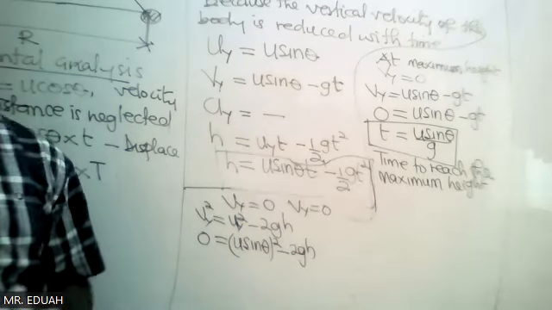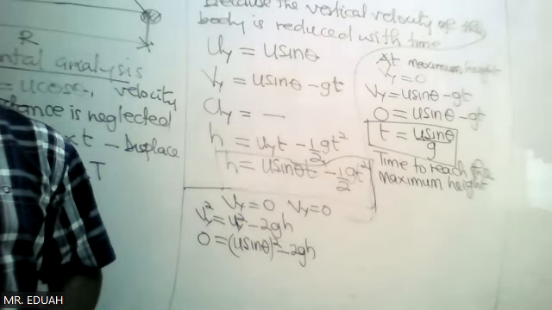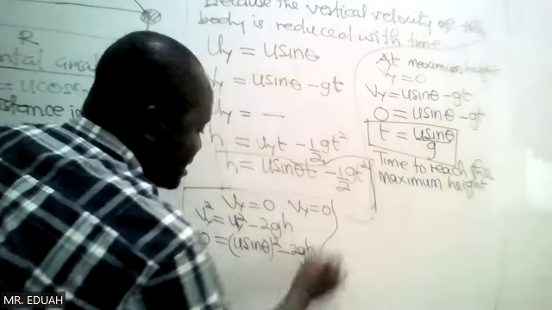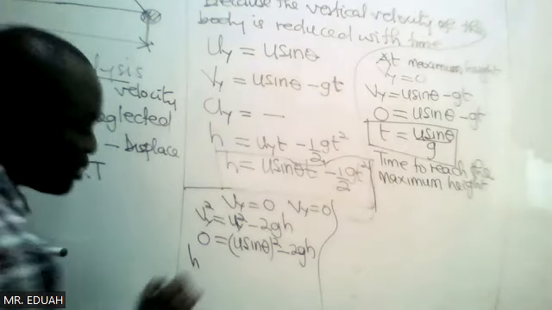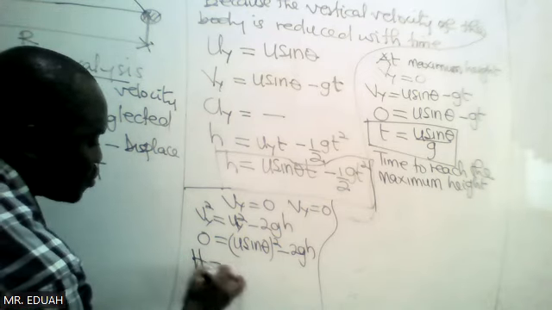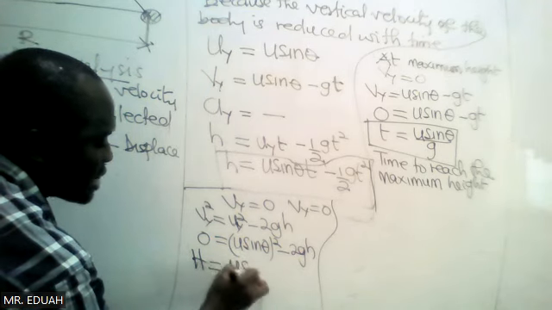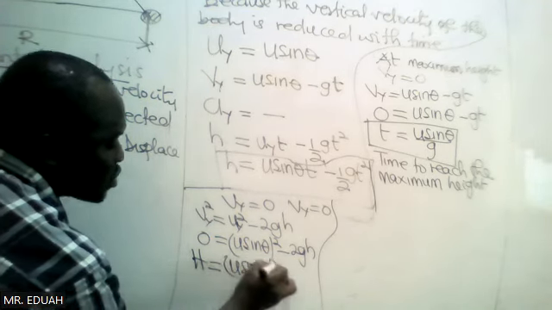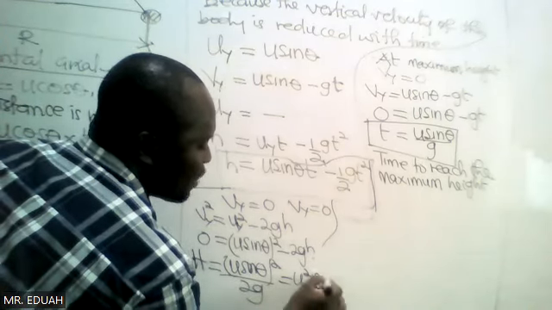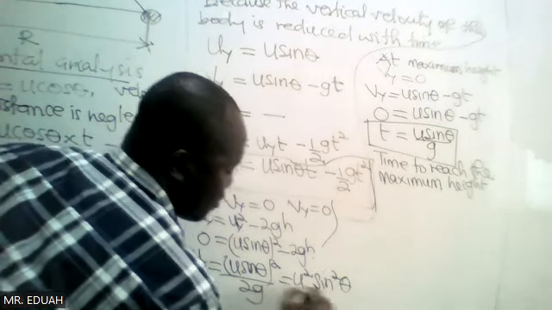Then this helps us get the equation for the maximum height reached by the body. It means that H max, which is the maximum height and which we have represented by the letter H, is equal to U sine theta all squared over 2g, or U squared sine squared theta over 2g.